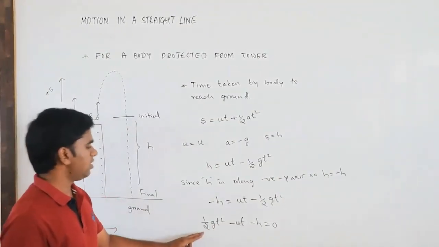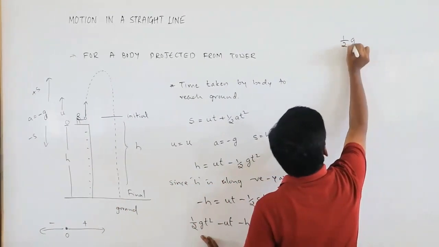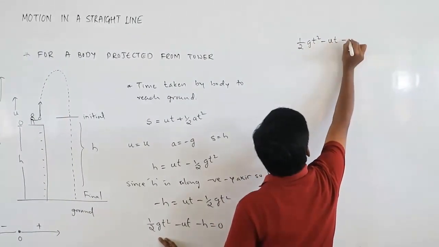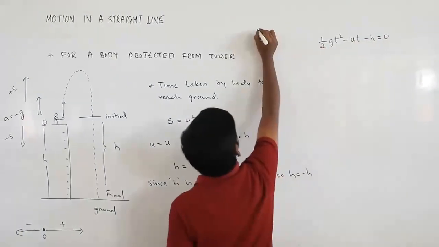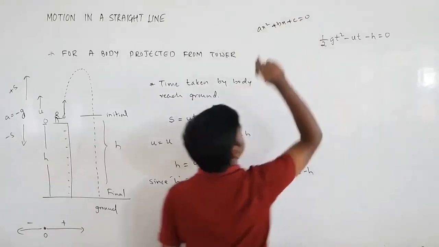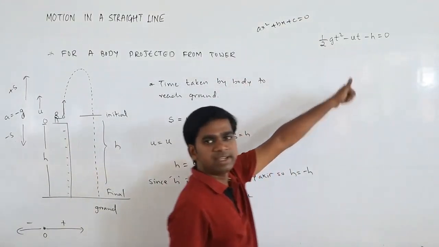It is just like half gt square minus ut minus h equals 0, just like ax square plus bx plus c equals 0. Quadratic in x, so here it is t square and t, quadratic in t.